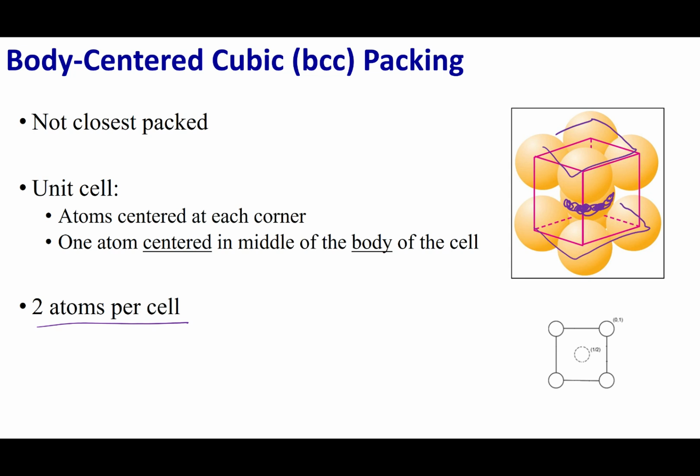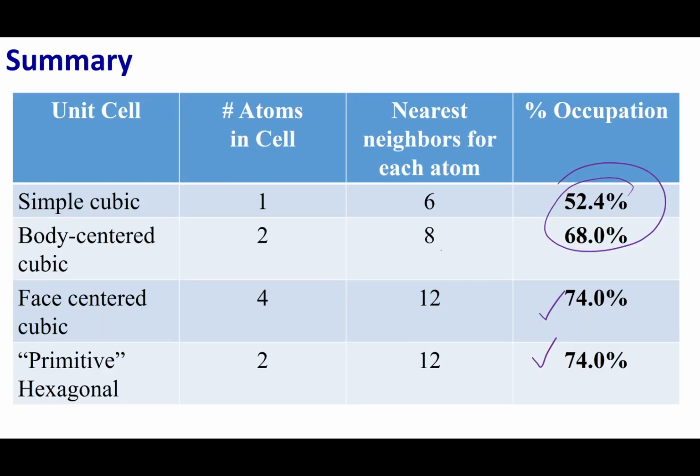So the number of nearest neighbors that it has is really simple for this one. It has 8 atoms surrounding it. Now, that doesn't go for just this central one. Each one of the atoms in the body-centered cubic are going to have 8 nearest neighbors. Now, you won't see it in just one unit cell. You guys are going to have to draw the other unit cells around it to see those neighbors. So right here, 8 nearest neighbors.